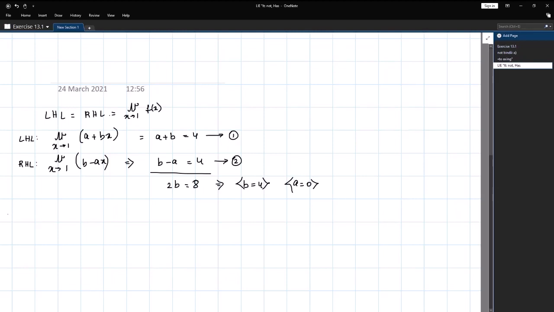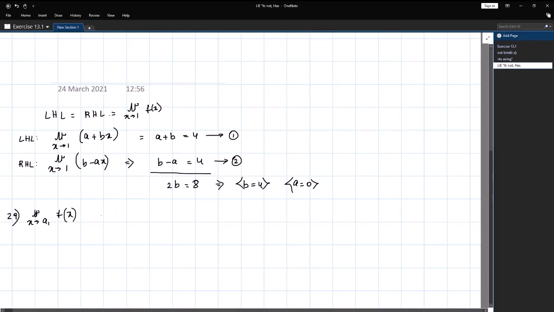So next question is 29. Limit x tends to a1 of f of x. This is what we have to find, given that f of x is equal to x minus a1 into x minus a2 and so on up to x minus an.